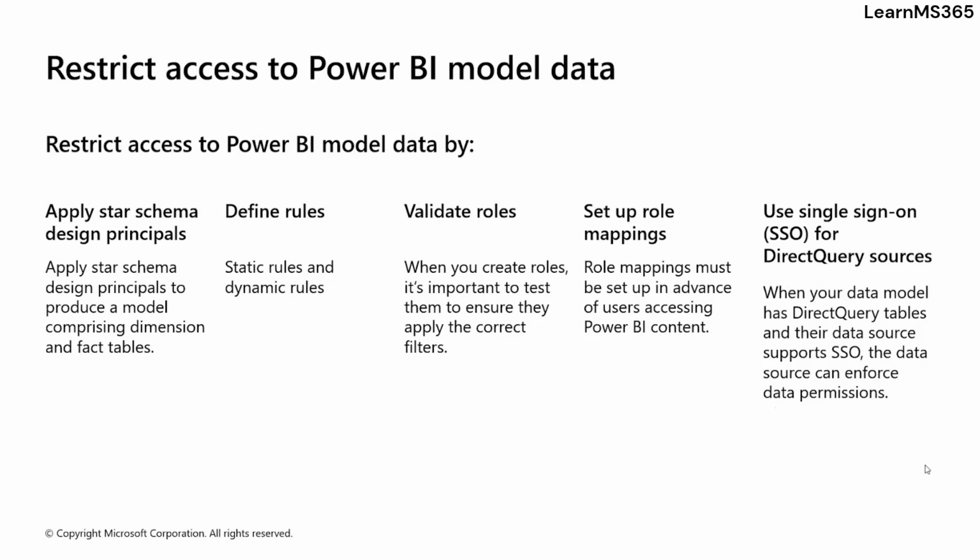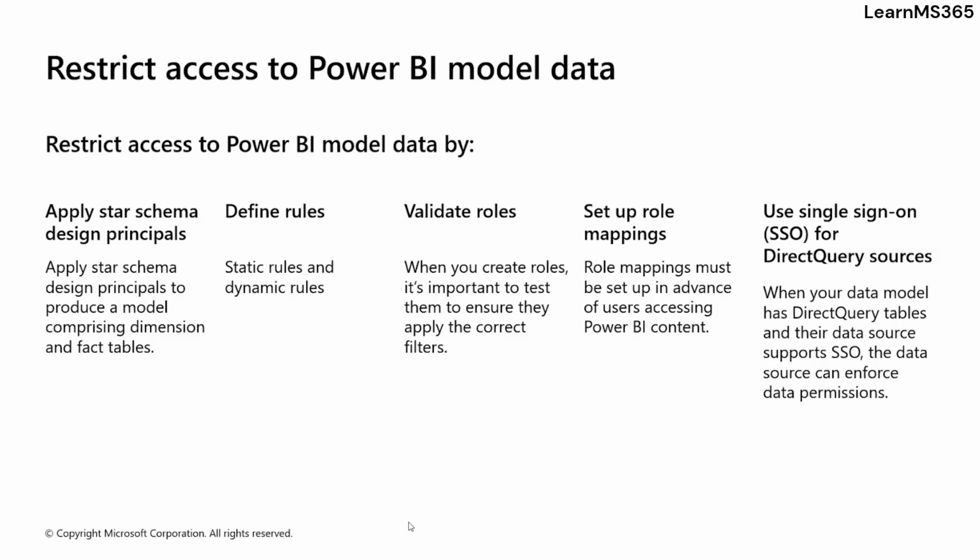When your data model has a DirectQuery table and its data source supports single sign-on, the data source can enforce data permissions, and this way the database enforces RLS, row level security, and Power BI datasets and reports rely on the data source security. Okay, so these were a few ways of restricting access to Power BI model data.